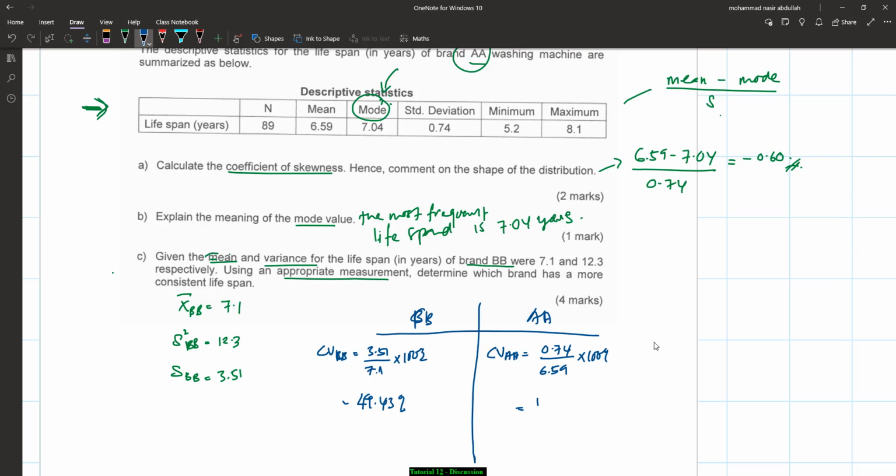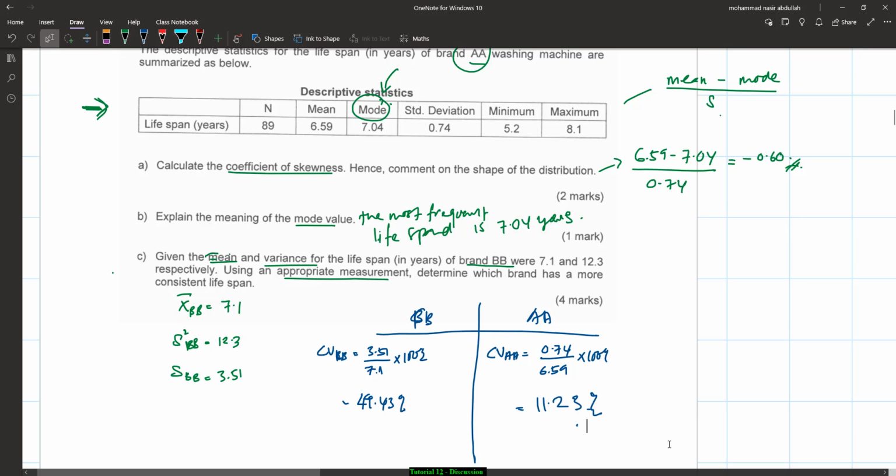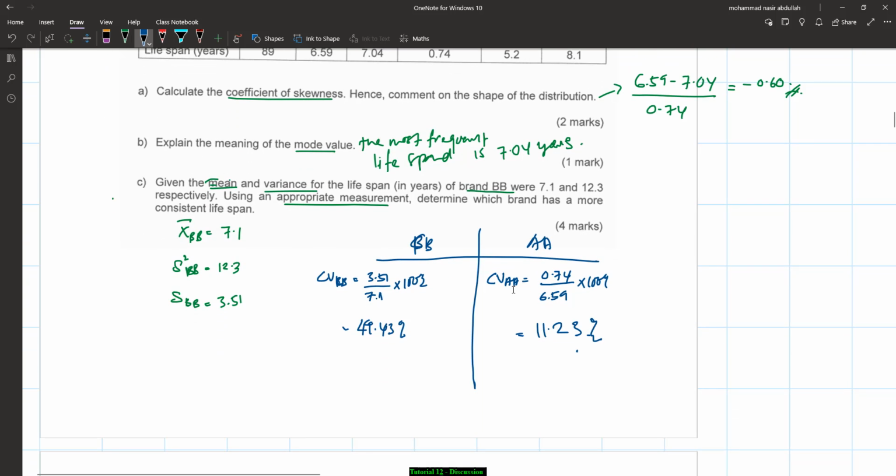So this one should be 11.23%. So we can say that distribution of brand AA is more consistent compared to brand BB. So we can say AA is more consistent.